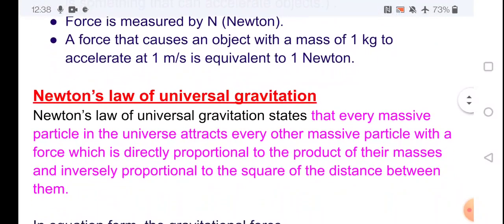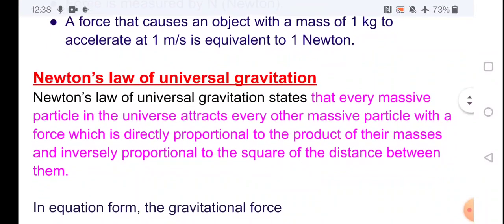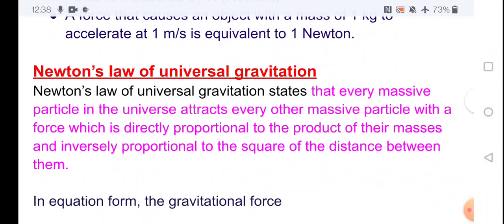Next, Newton's law of gravitation. Newton's law of gravitation states that every massive particle in the universe attracts other massive particles with a force which is directly proportional to the product of their masses and inversely proportional to the square of the distance between them.